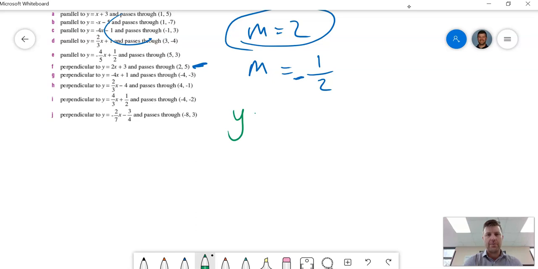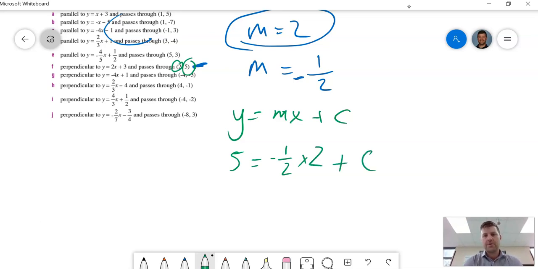So that's again y equals mx plus c. Okay, again, instead of y, I'm going to use the value 5. Instead of m, I'm going to use the value negative 1 over 2. Instead of x, I'm going to use the value 2 plus c. Alright, so let's go ahead and just multiply negative a half and 2. So 5 equals minus a half times 2, which is minus 1 plus c.